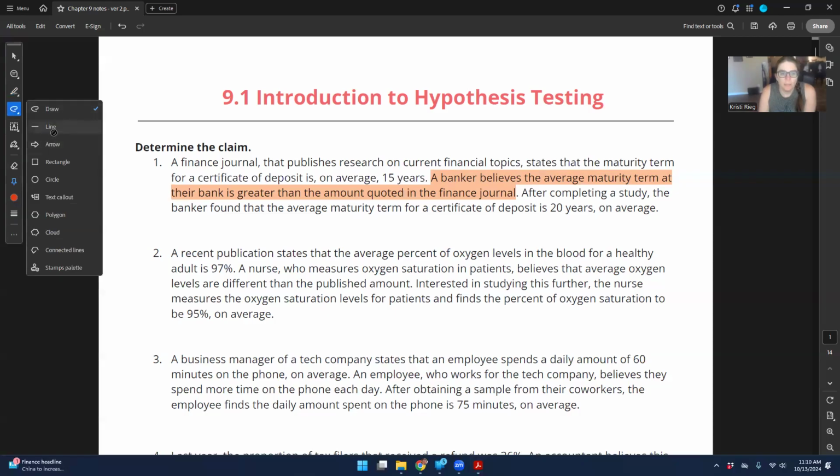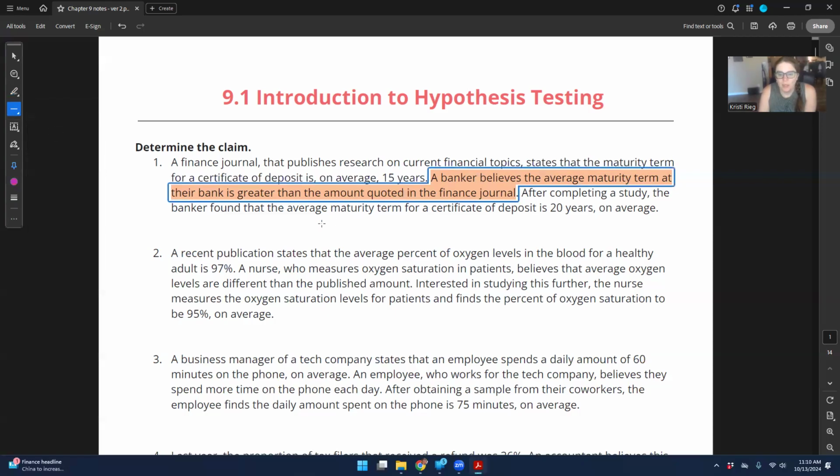So you're going to see believes as a keyword, but then also greater than is another key. We're looking for greater than, less than, any words that mean these symbols, or also not equal. You'll see all the different choices: is different, is not the same, stuff like that.